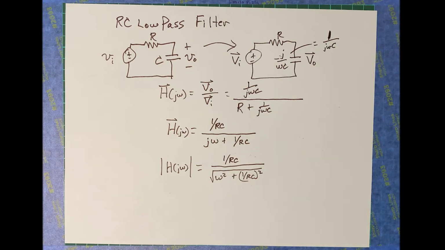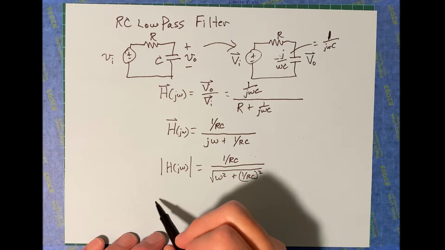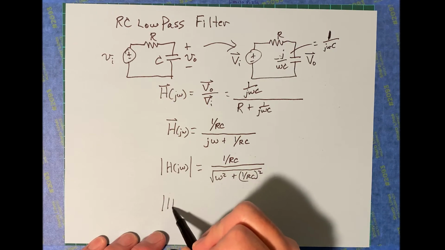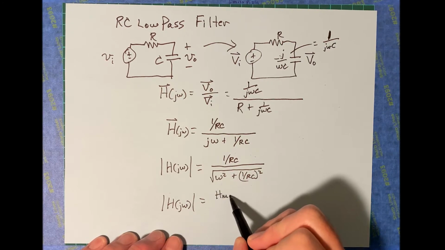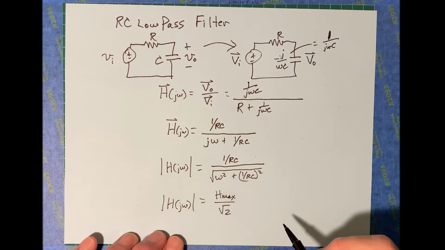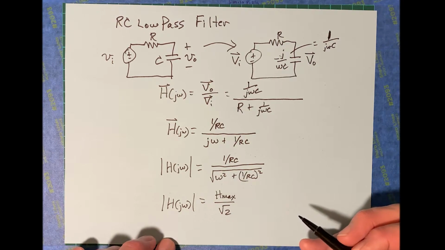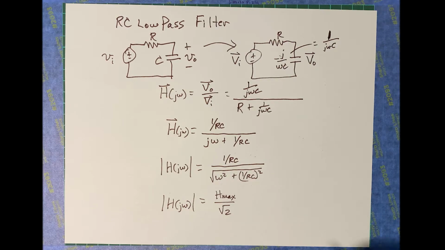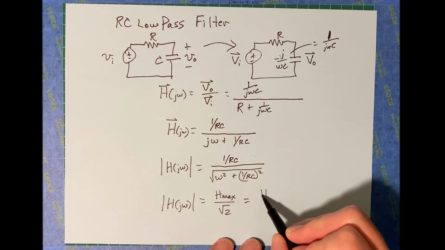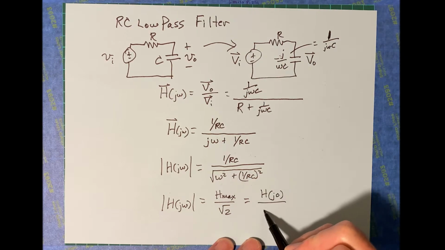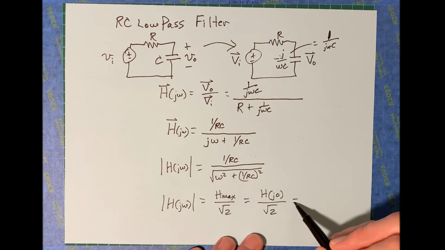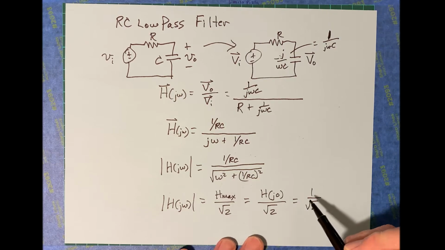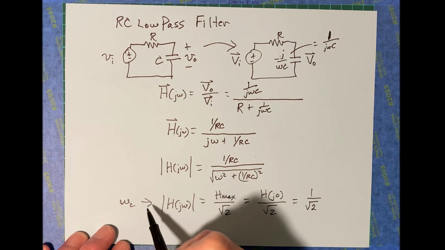All right, now to find the cutoff frequency, so omega sub c, it occurs at the point where the magnitude of this is equal to H max divided by the square root of 2. All right. So for the low-pass filter, H max occurs at H(j0), and we know that that's equal to 1, so this is going to be 1 over the square root of 2, and this is where we get our omega sub c.